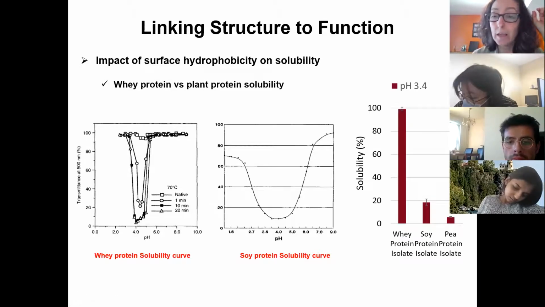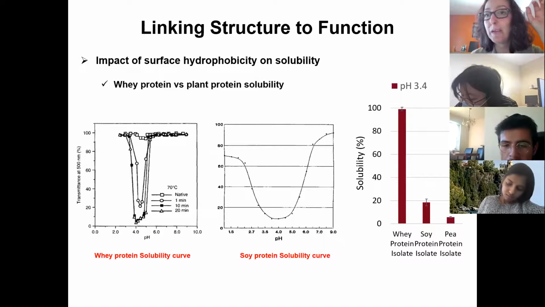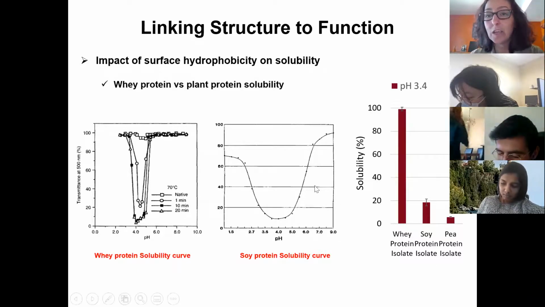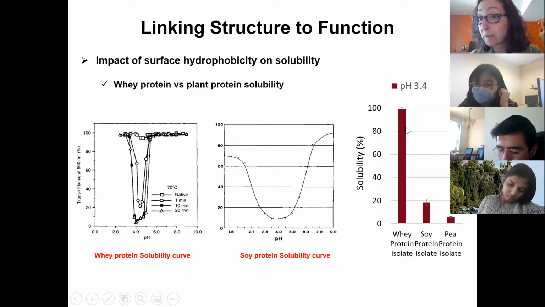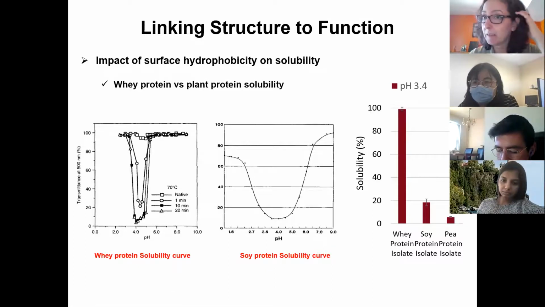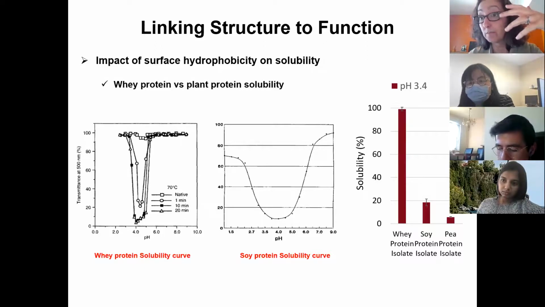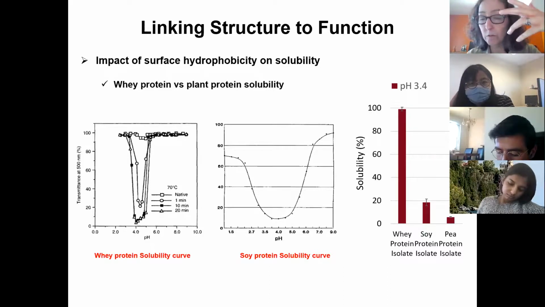And that's why when we try to formulate a beverage at 3.4 pH, you have 100% solubility of whey protein isolate at 5% protein, which is the percentage above which you can claim an excellent source of protein. So you can formulate a 5% protein beverage and claim an excellent source of protein.